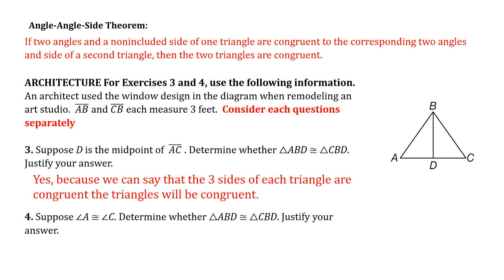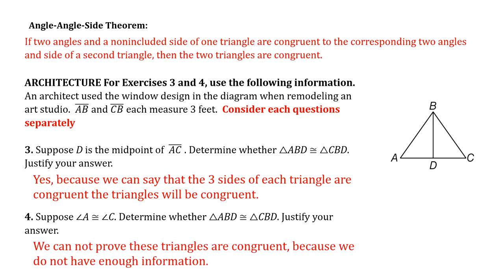We can say that BD is congruent to BD, but we really don't have a side-side-angle postulate, so we can't do it based on that. We can't prove anything based on what we have. If they told us one other piece of information, like BD was an angle bisector, then we could do something, but they didn't give us enough information for number 4.